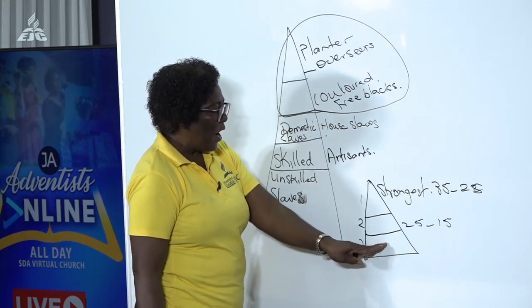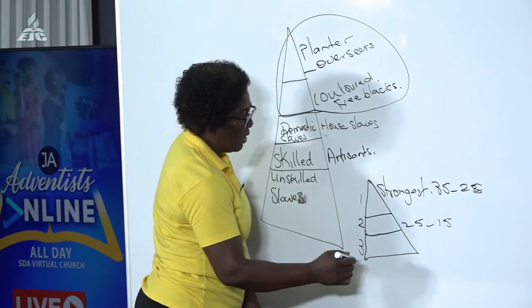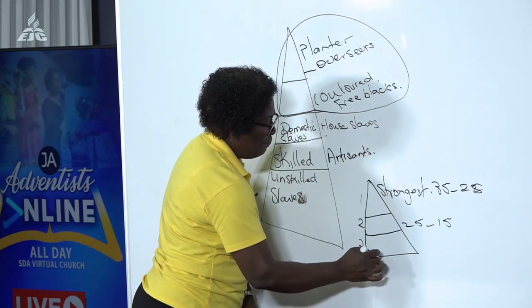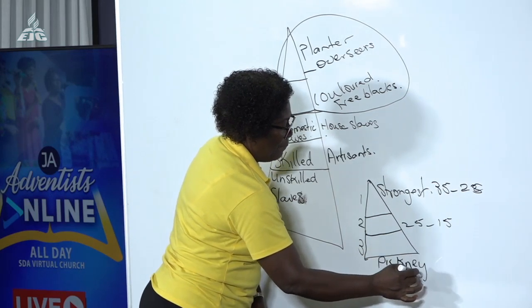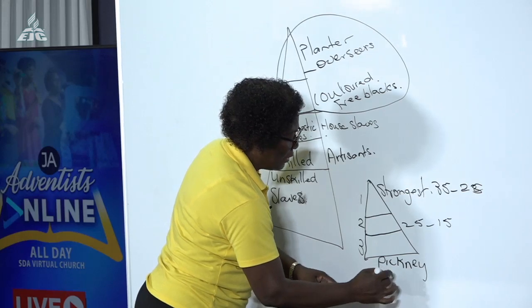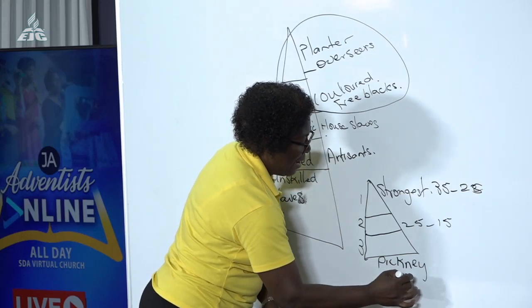Now, the third gang is called the picnic gang, the old people gang.